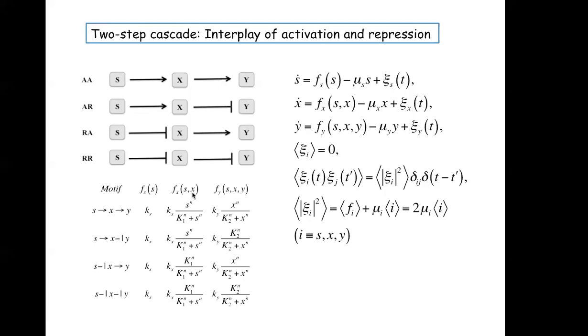If N equals 1, one molecule of S is bound to the X promoter region, and N equals 2 means two molecules of S, either in the form of monomer or in the form of dimer, are bound to the X promoter. So we have these functions, and the next slide is a bit very technical.